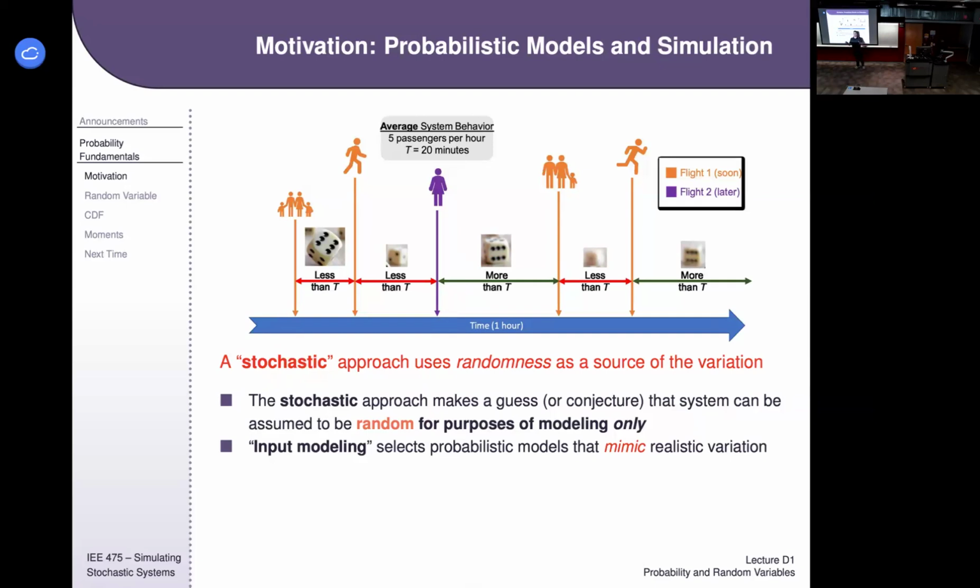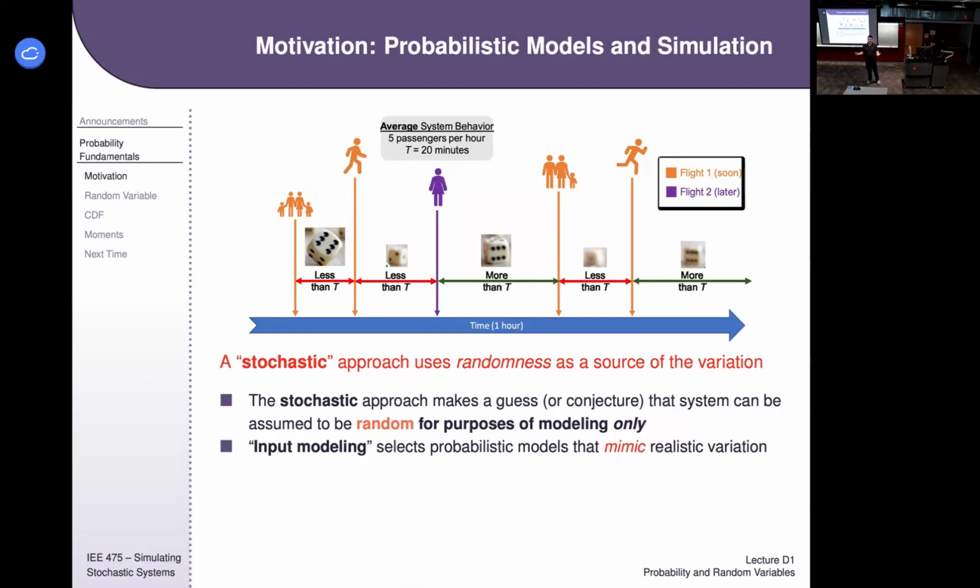Stochastic is a philosophical modeling approach where you use randomness because you don't care about the real causal factors behind the system, but the randomness makes it easier to model the system. I'm saying, I don't know where this variation is coming from, so I'm going to make a guess or a conjecture. Stochastic comes from the Greek for guess or conjecture.